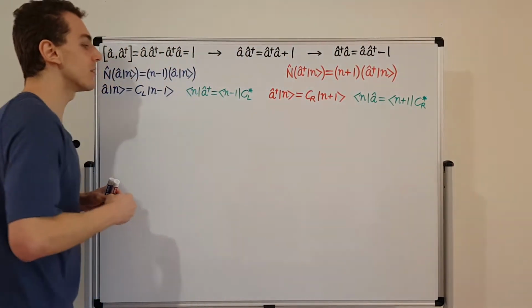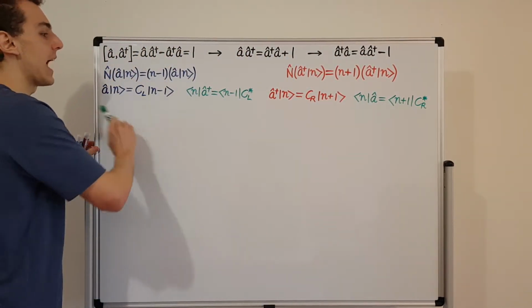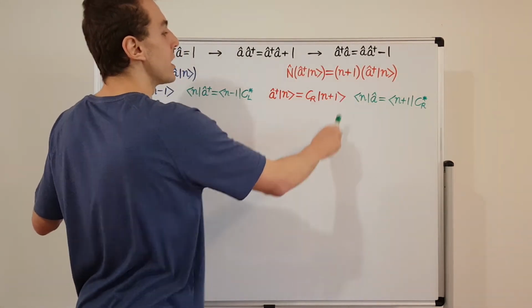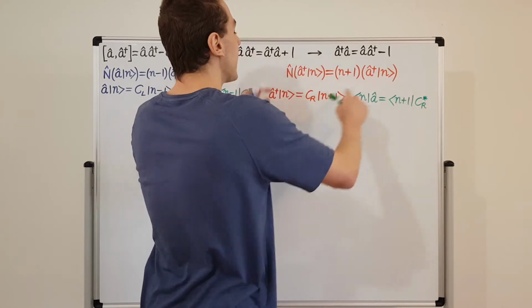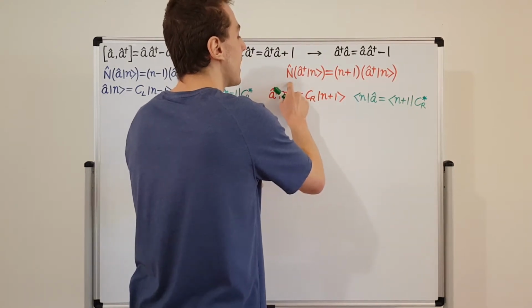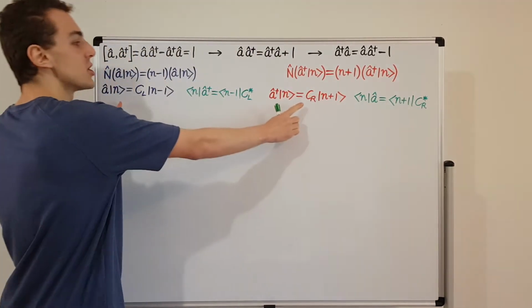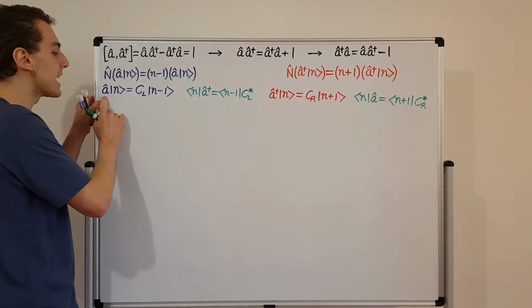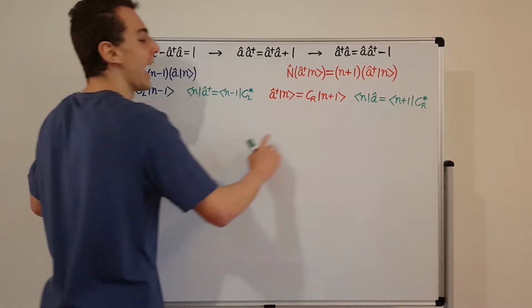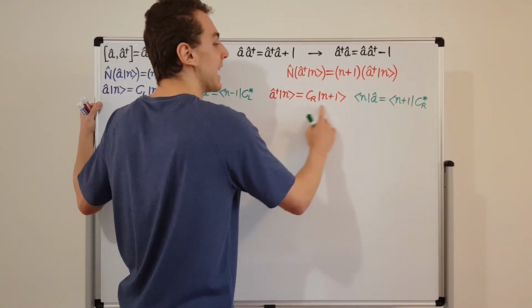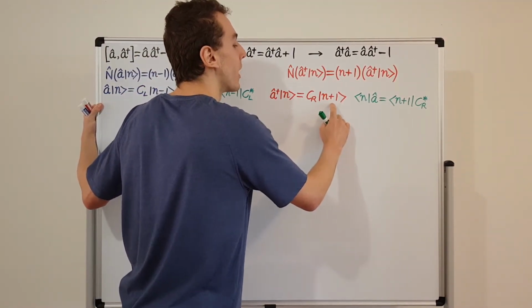So now we have both the ket and the bra versions of these equations. These equations up here are eigenvalue equations involving the number operator. And they tell us these relationships: when we apply A to an energy eigenstate, it decreases the eigenvalue by 1, and when we apply A dagger to an eigenstate, it increases the eigenvalue by 1.